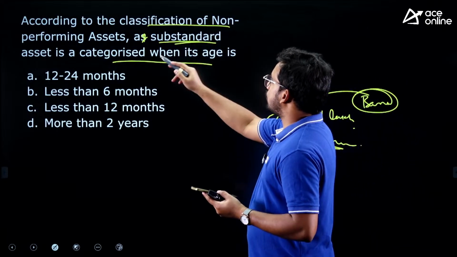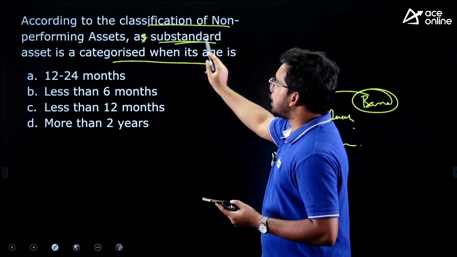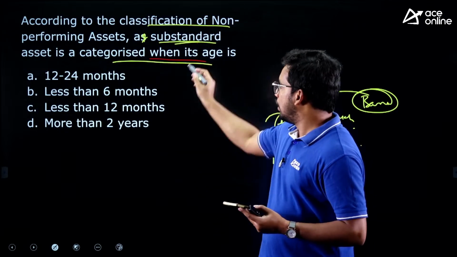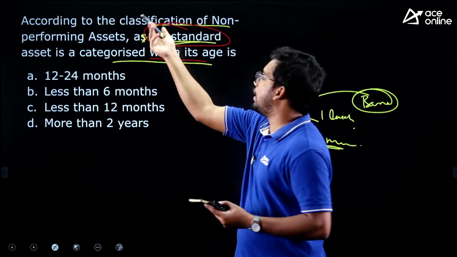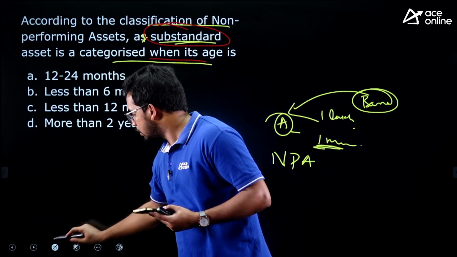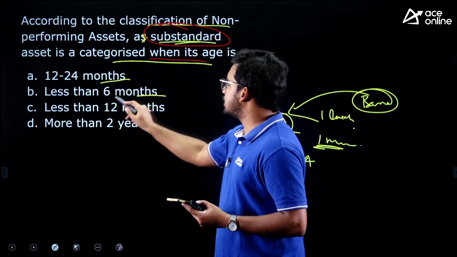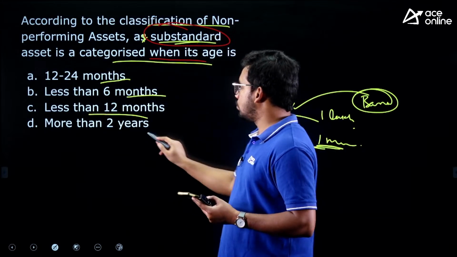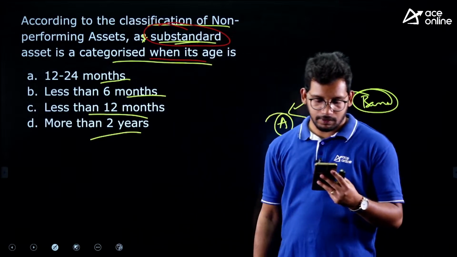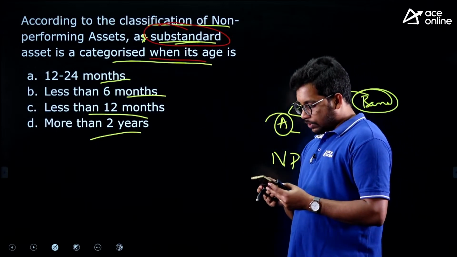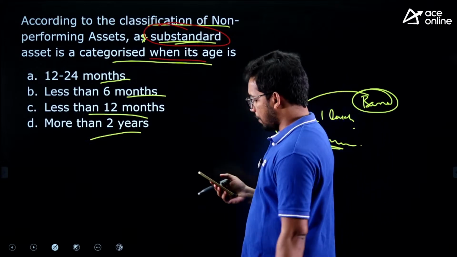According to the classification of non-performing assets, a substandard asset is categorized when its age is... They are directly asking what is the age of a substandard asset. 12 to 24 months, less than 6 months, less than 12 months, more than 2 years. Now tell me the answer. We have just discussed.